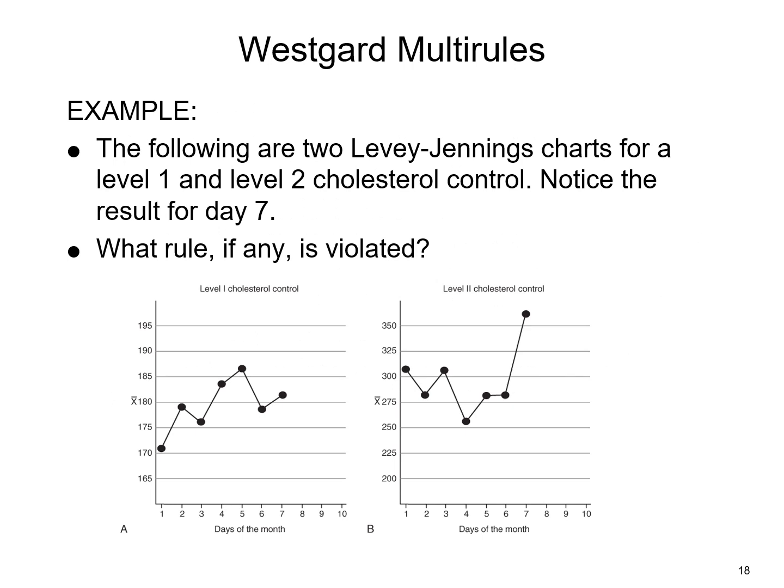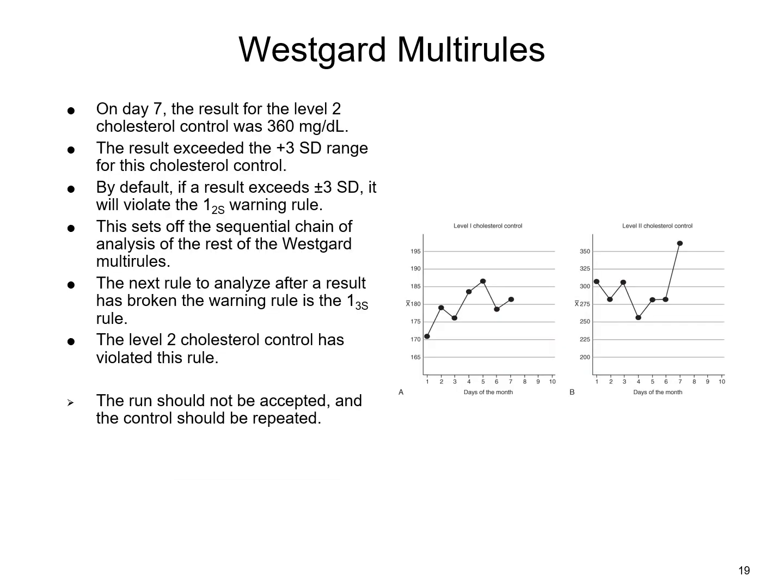So here we have an example that we're going to look at for level 1 and level 2 of a cholesterol control, and we're going to look at day 7 of this. We're trying to determine, is day 7 violated? So again, let's move to our next chart here.